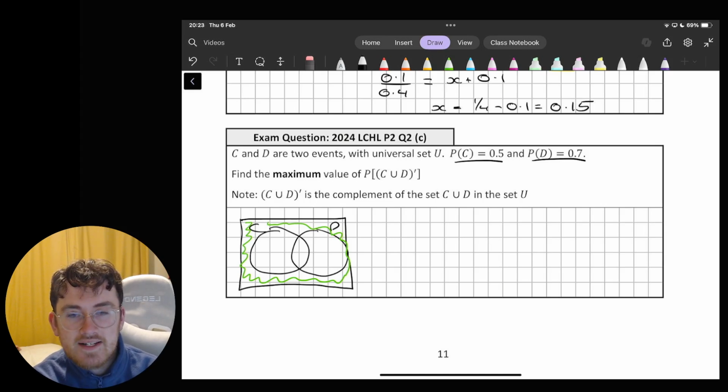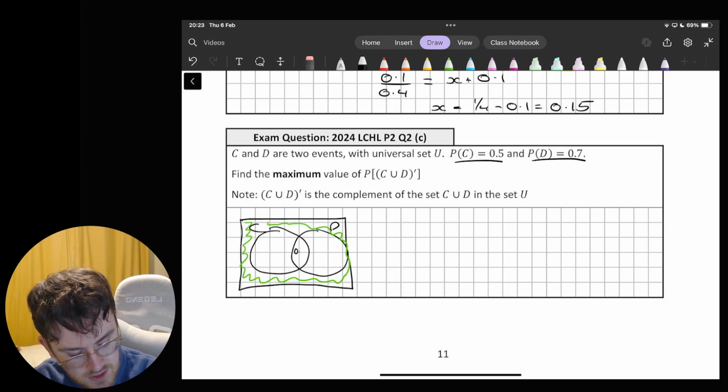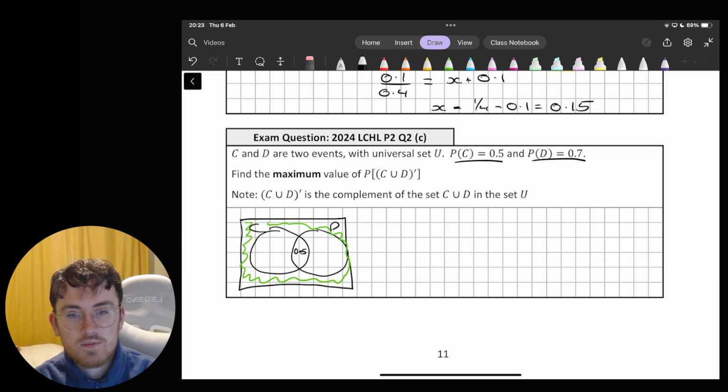If we want to maximize this green part, then we want to minimize the C union D part as far as possible. The best way to do that is to make the intersection as big as possible.